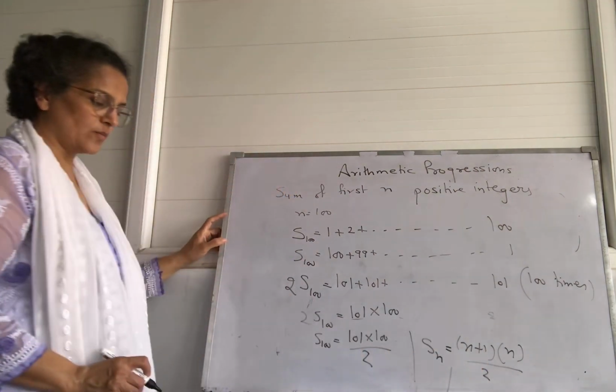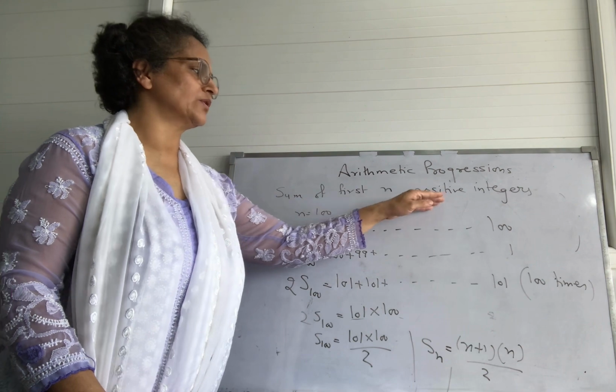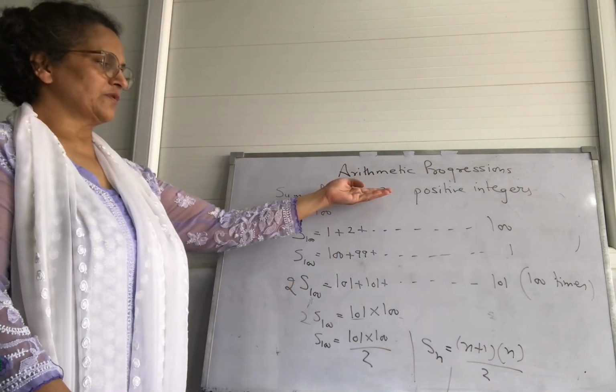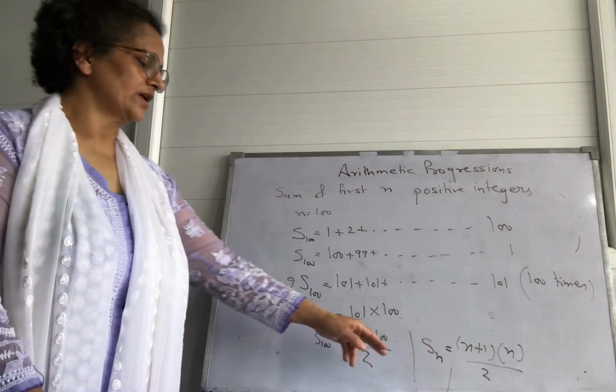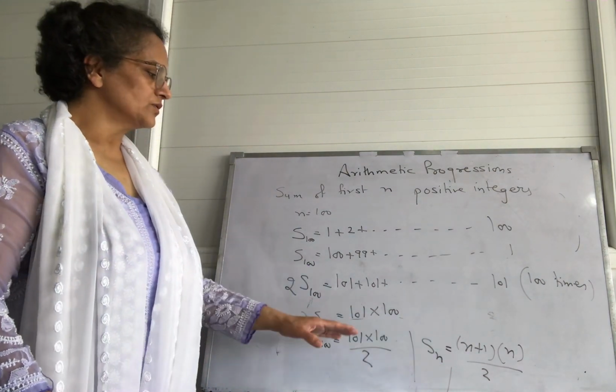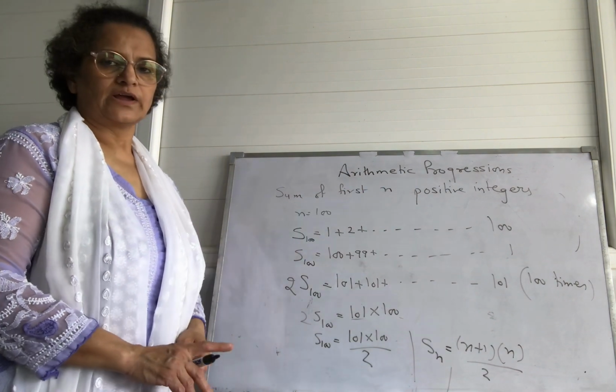So this is the formula for finding the sum of first n positive integers. This can be 5, this can be 10. We have taken 100 and we have got to the formula. So using this you can find the sum of first n positive integers.